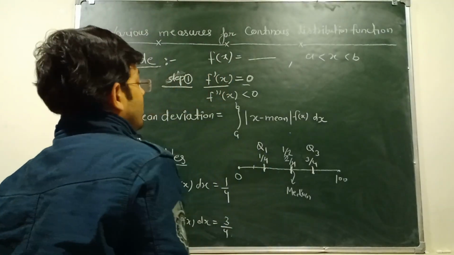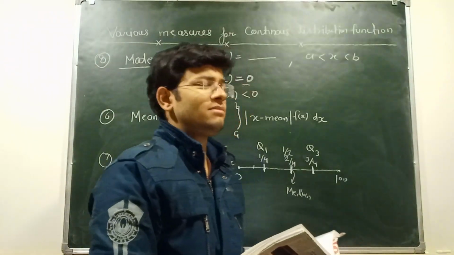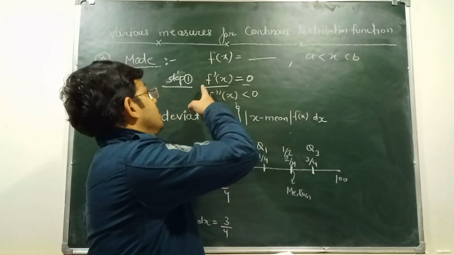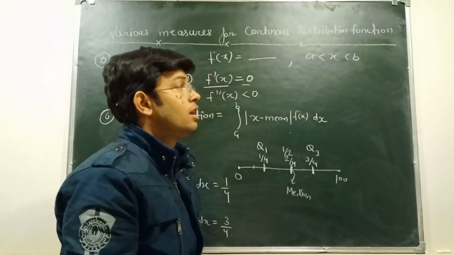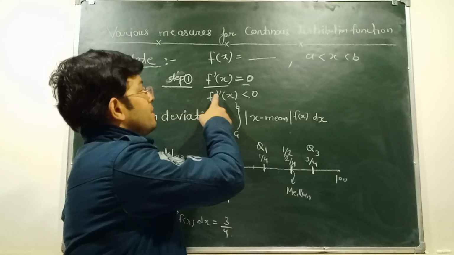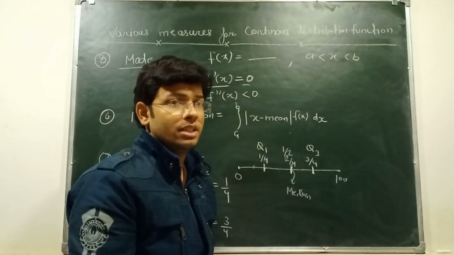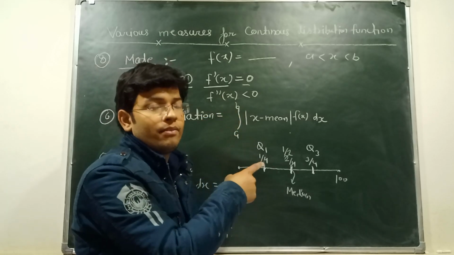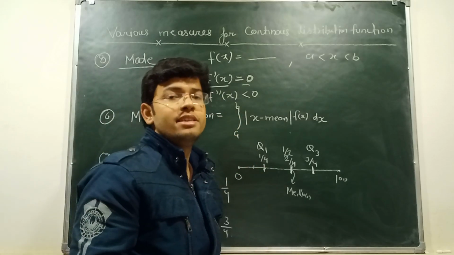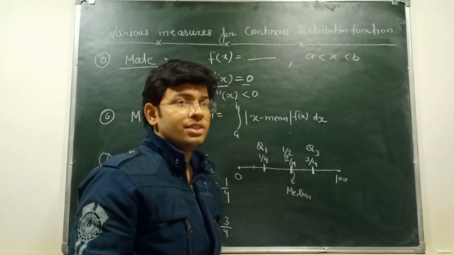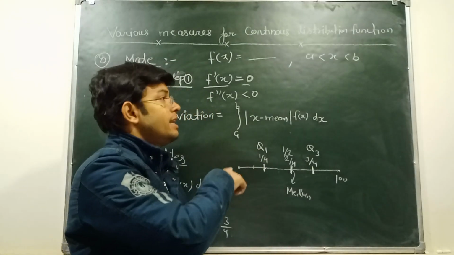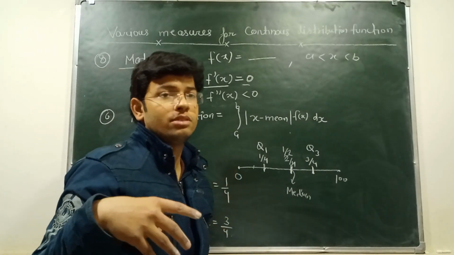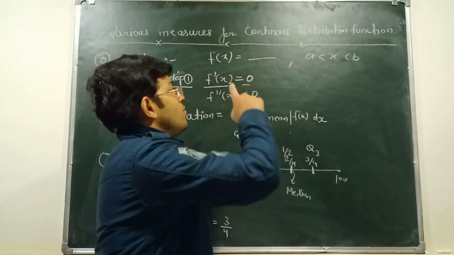In simple words, first we find the first derivative, and the second step is to find the second derivative. If the value of the second derivative is negative, that is, less than 0, we can say that this is the mode.